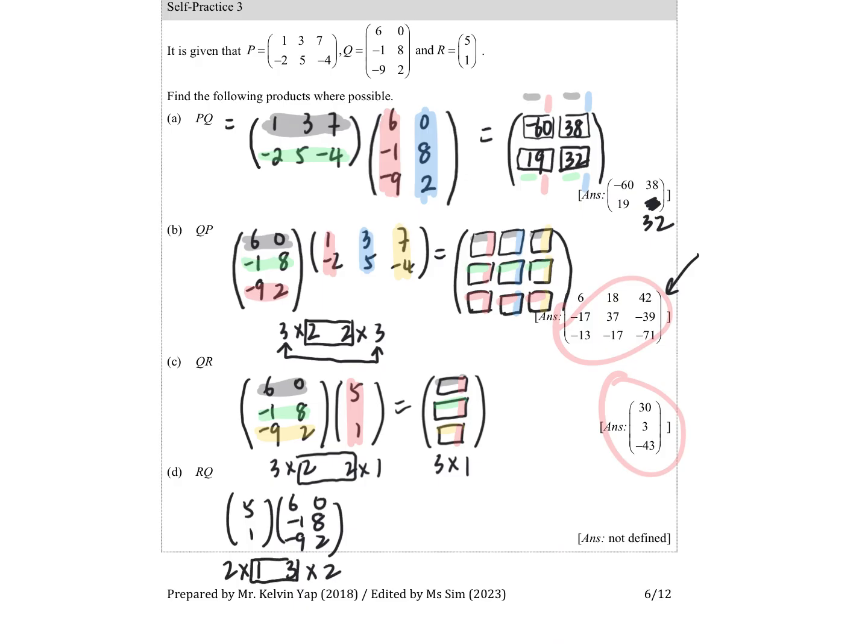Okay, this one cannot happen, does not exist. Okay, make sure you can multiply and can get the entry. If cannot, let me know, then I go and explain to you.